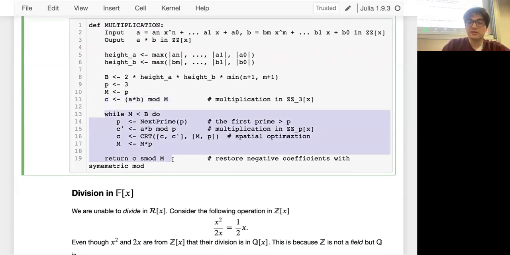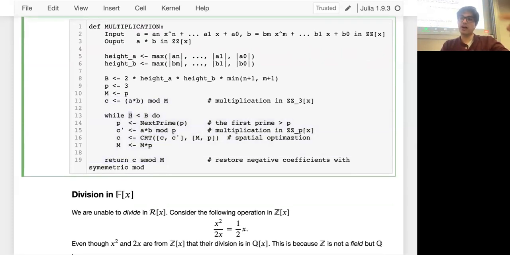Then you just run this loop, and this loop is doing what I said. Instead of generating all of the products, it's just updating one at a time. So while the product of my primes is less than the bound that I need it to be, pick a new prime.